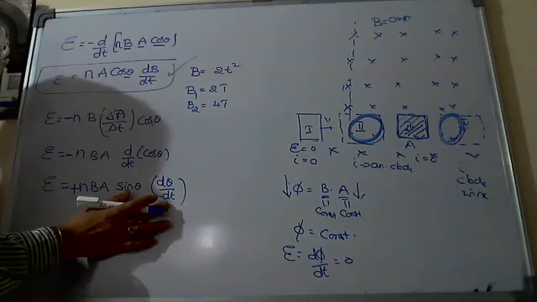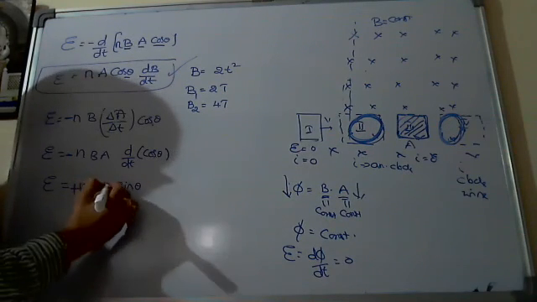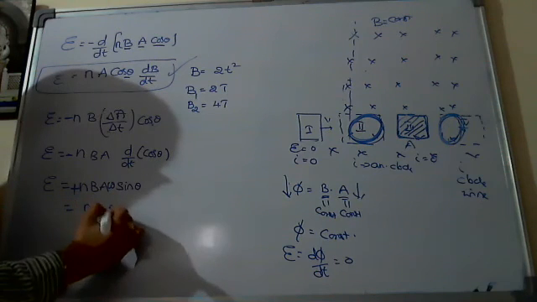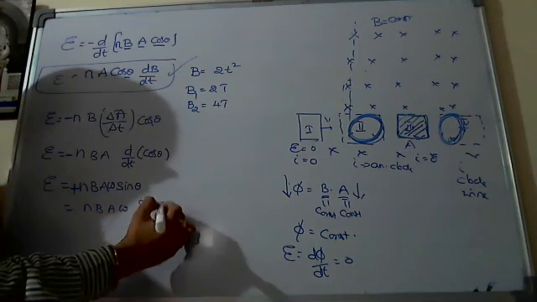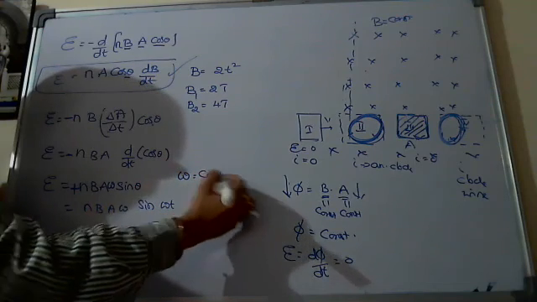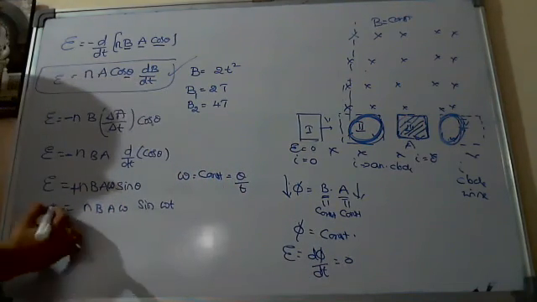D theta by dt, I think you know, that is omega. So d theta by dt I write omega, and theta I replace with omega t, giving NBA omega into sine omega t. Why? Because omega is set constant. Constant means I can write theta by t, so theta is equal to omega t.